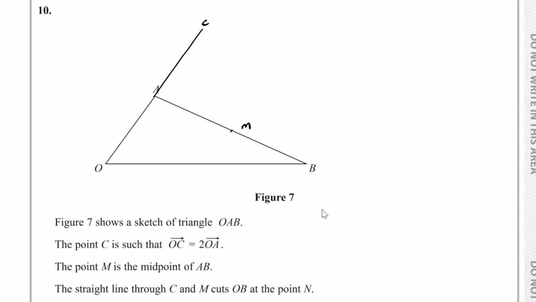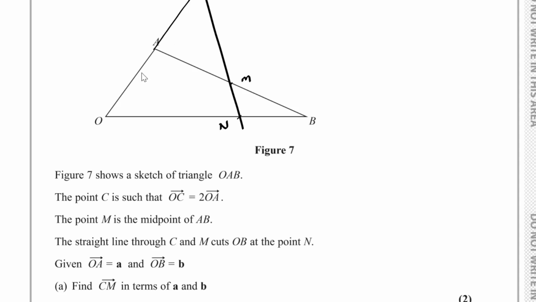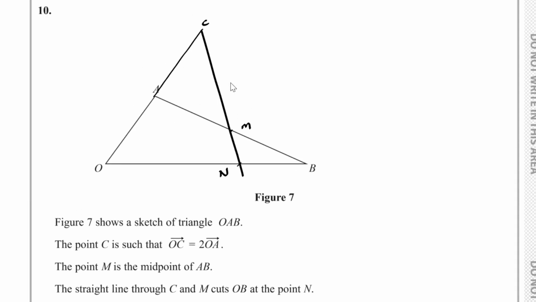So if we join these 2 points together, we end up with something looking like this. And here, where this straight line crosses OB, that's the point N. So we'll add this to the diagram here. We've got OA, which is equal to a. So if we add that to the diagram, we have here the vector a, and because OC is equal to twice OA, AC will equal the vector a.